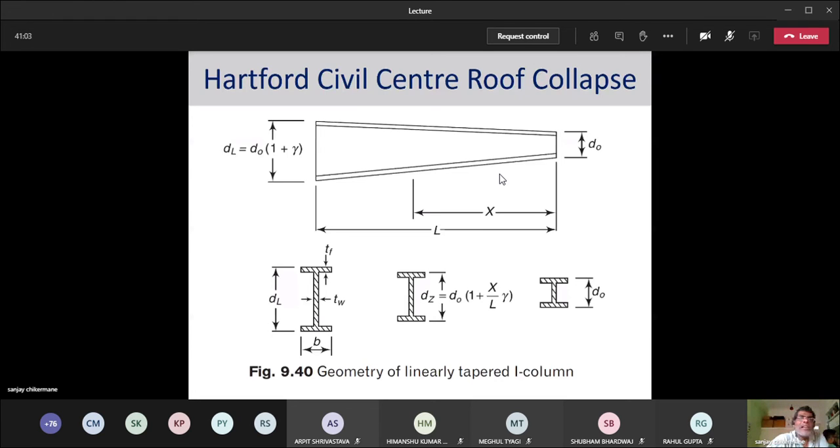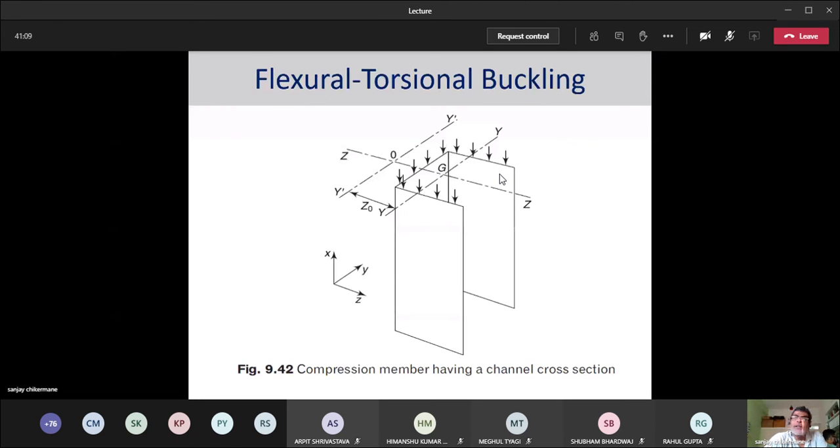Flexural torsional buckling, I'll take in a different class. I don't want to confuse what is happening right now. But flexural torsional buckling is the interdependence between flexure and torsion. They are not completely independent. See, what is buckling?